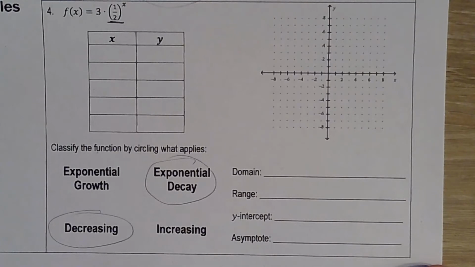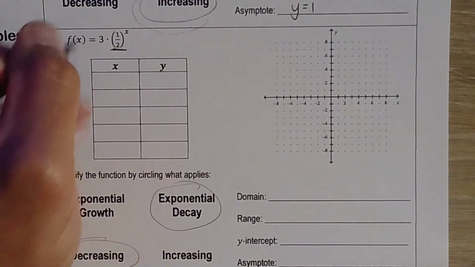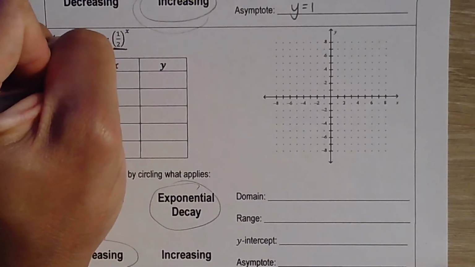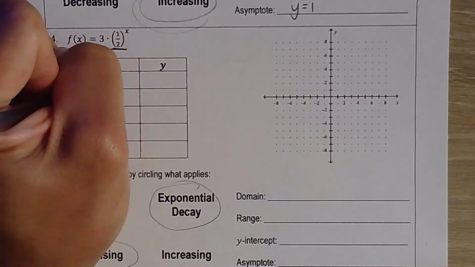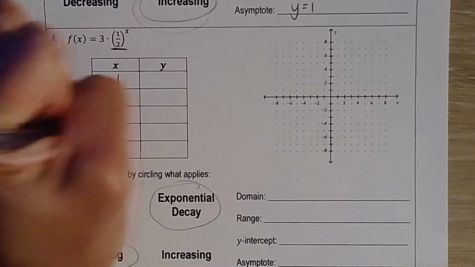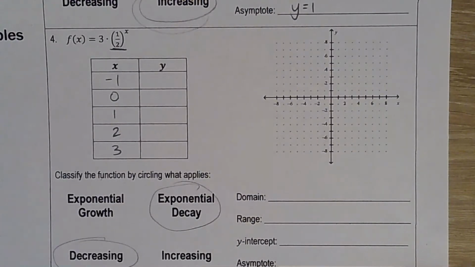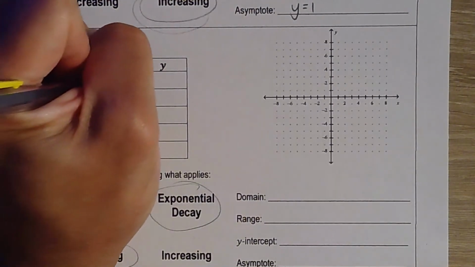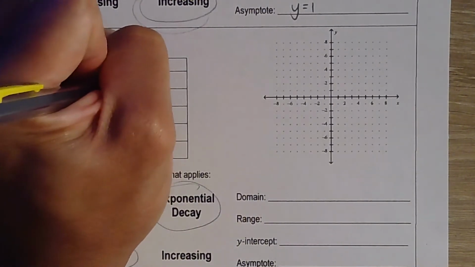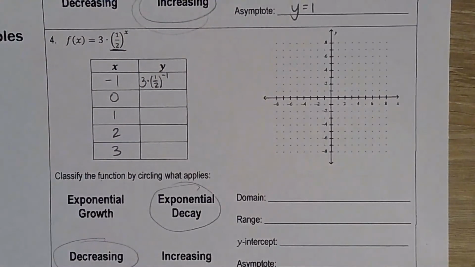All right, so let's go ahead and use our values that we did before. -1. Yeah, let's just stick with -1. So this would be -1, so that'd be 3 multiplied by 1/2 to the negative first power.